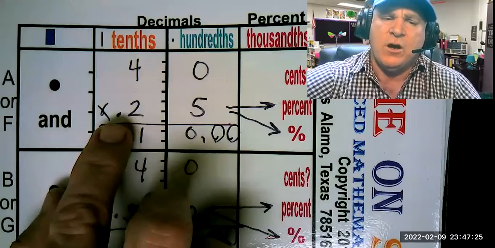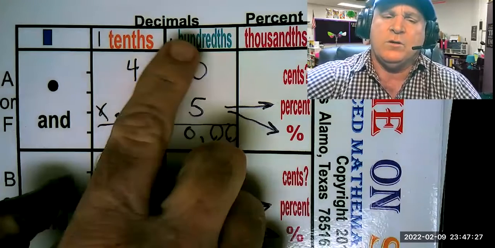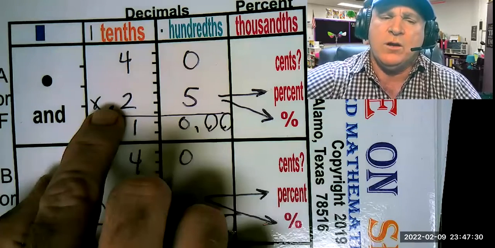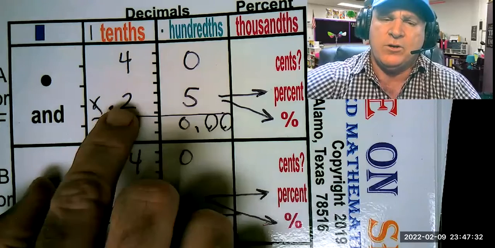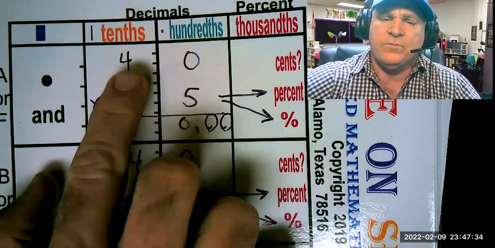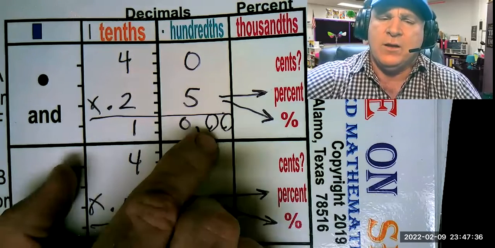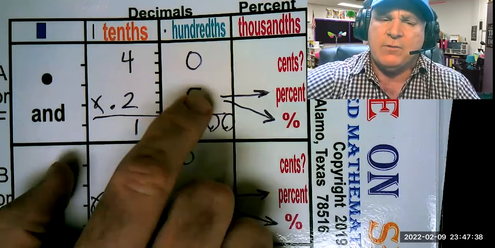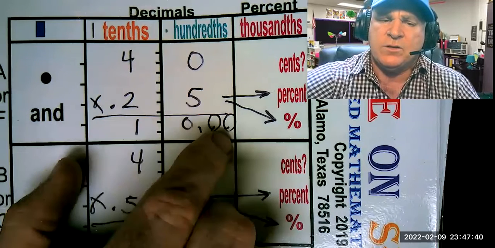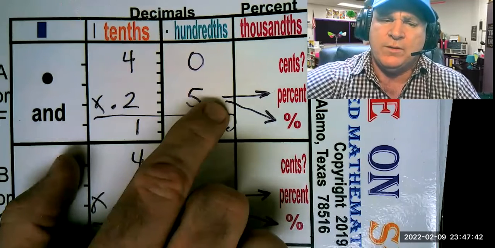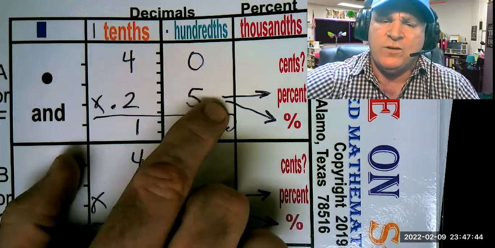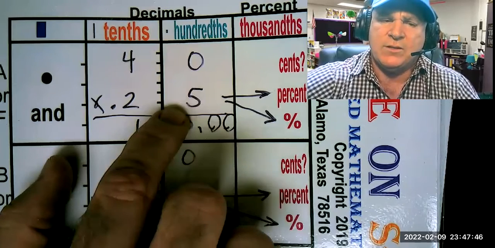So what is 25 hundredths of 40? Well, what's 25 times 4? 100. There's your 100. And you add your 0, you get 1,000. And when you're multiplying with decimals, because the decimal is 2 places to the left, you move the decimal 2 places to the left.